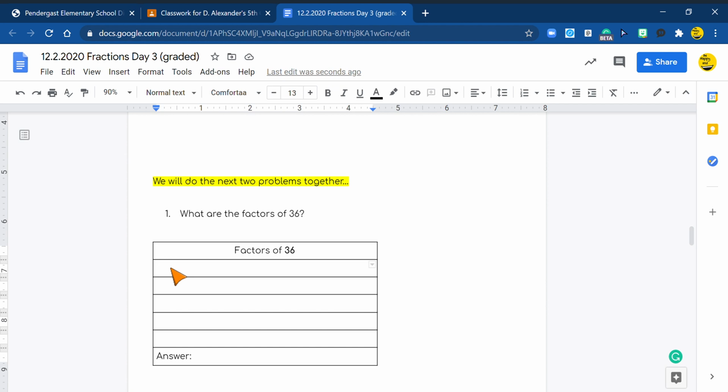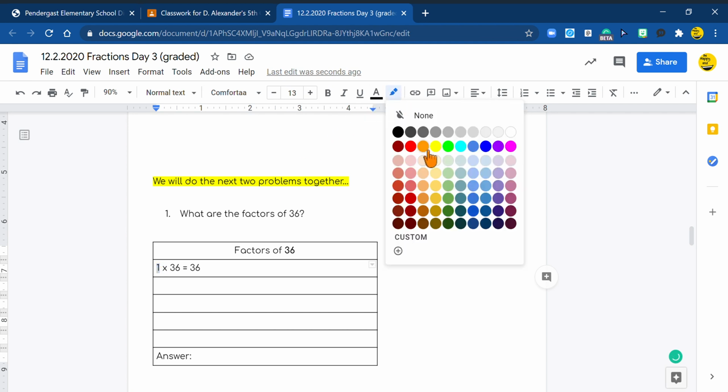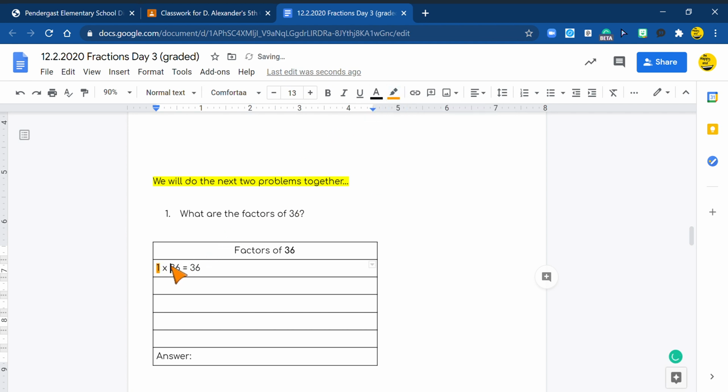You guys are right: 1 times 36 equals 36. So I know for sure right here, I'm going to quickly highlight my numbers so you can see these are the numbers I'm writing. Then I see that 6 is an even number, so I know 2 goes into it. 2 times what number gives me 36?